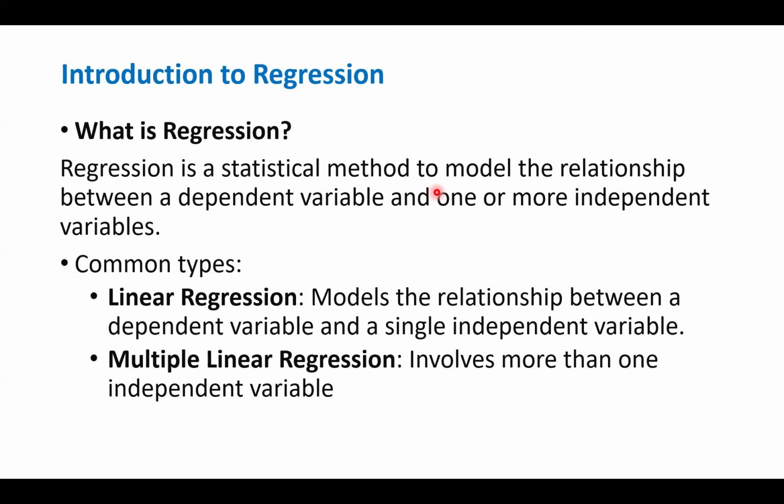There are two types of regression: linear or simple regression, which is a relationship between a single independent variable and a dependent variable, or multiple linear regression, which involves one dependent variable and more than one independent variable or predictors.